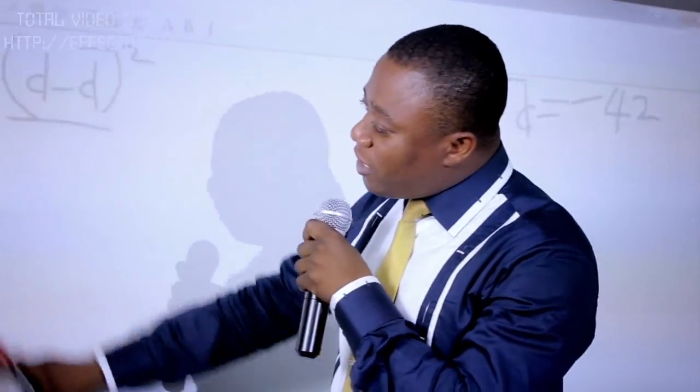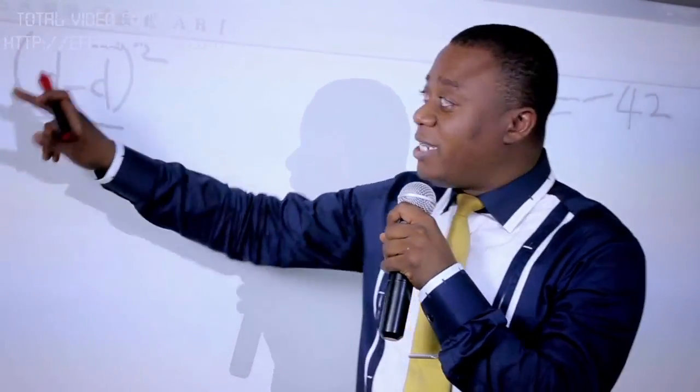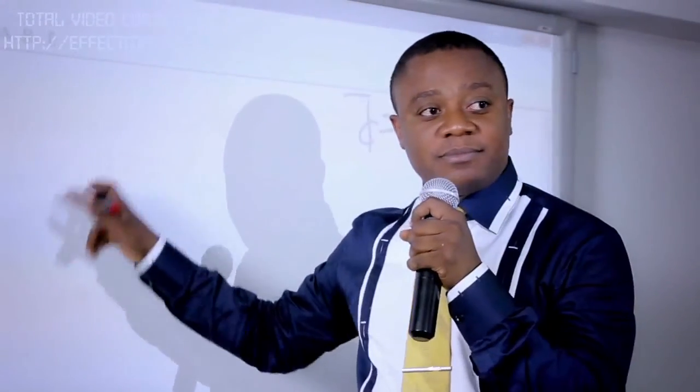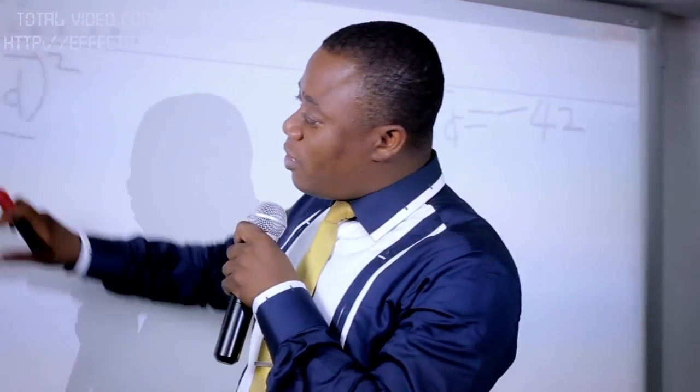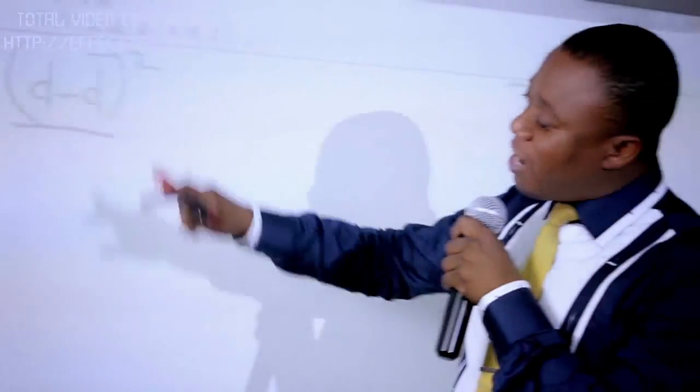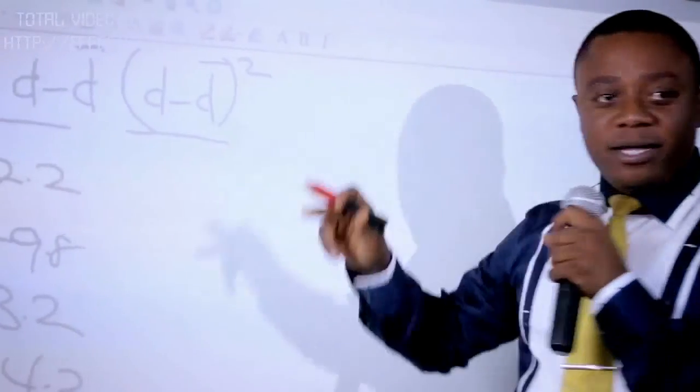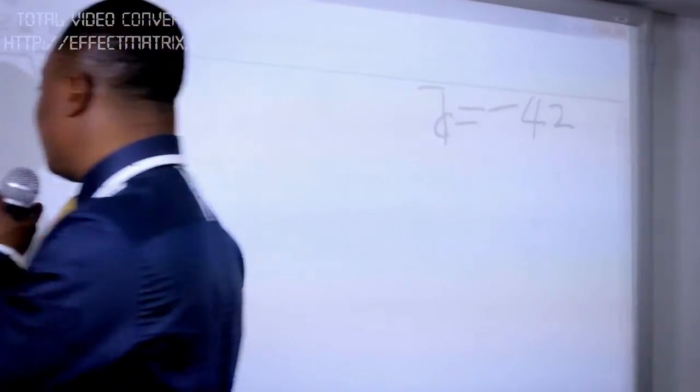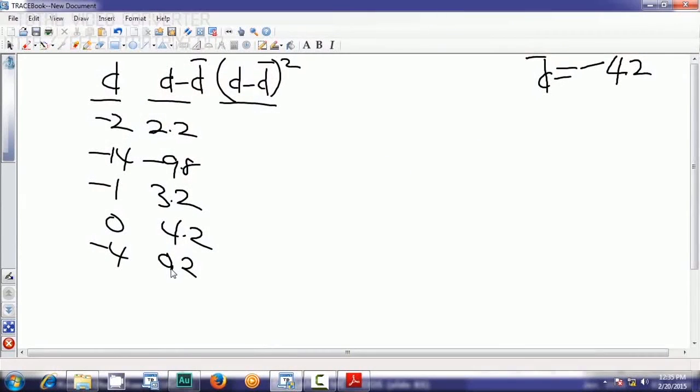Now that you've got these values, what you have to do is to take the square of each one of them. So you square each one by one. 2.2 squared. What is that? So that gives you 4.84. Then you have negative 9.8 squared.